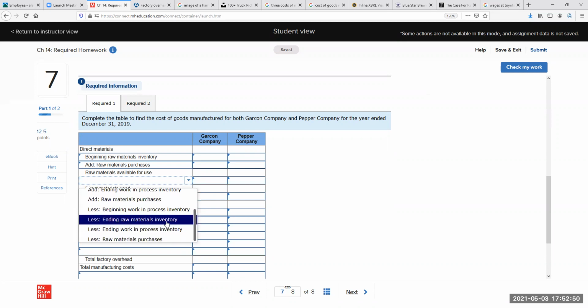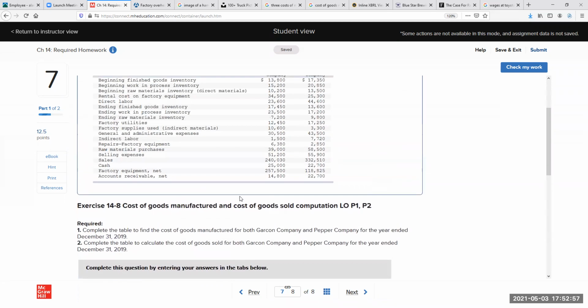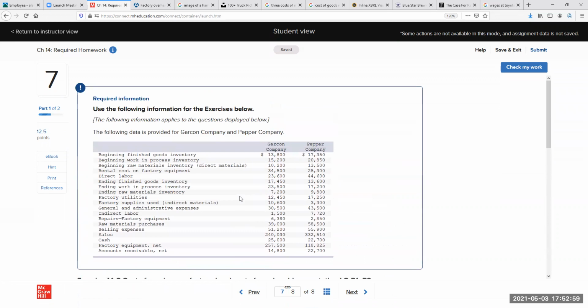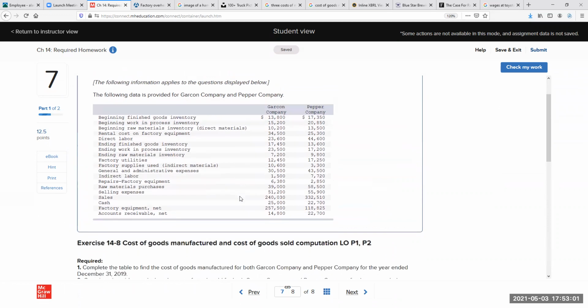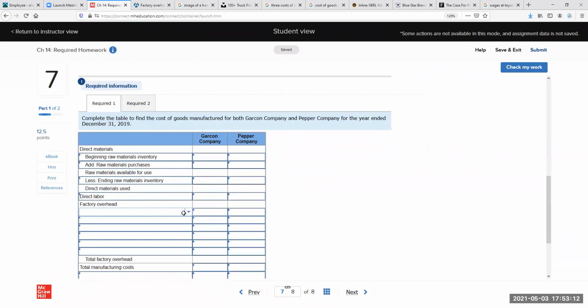Less the raw materials. Where's that ending? Less ending. There you go. And then the labor. Let's see. Do they give me that? All right, labor.